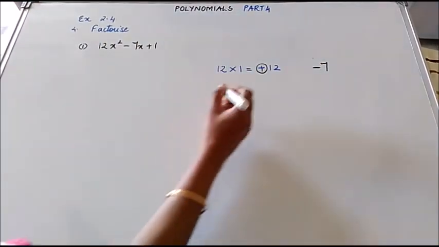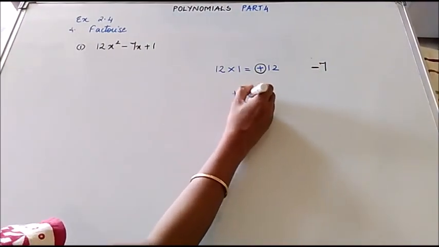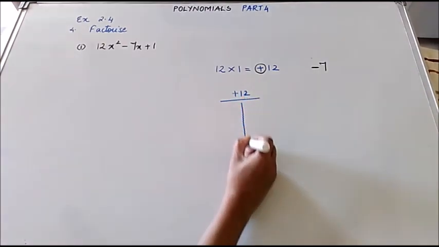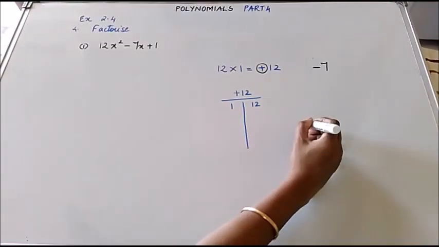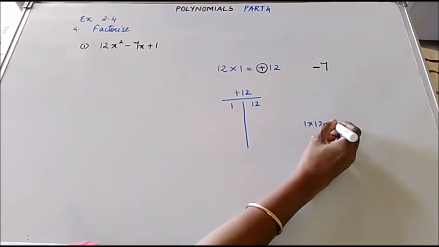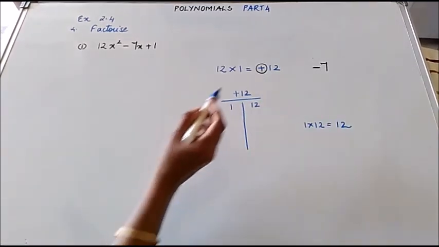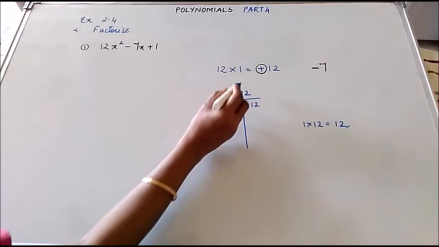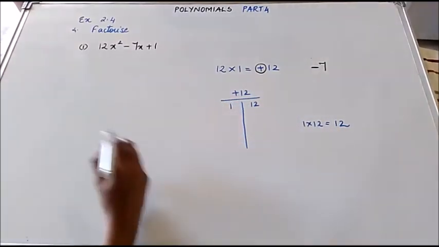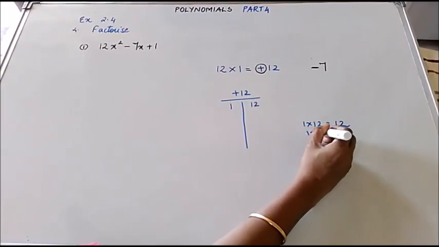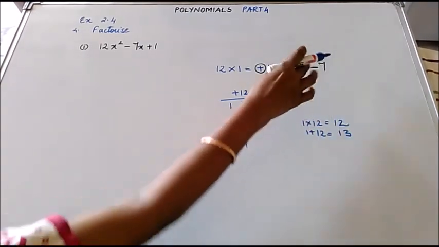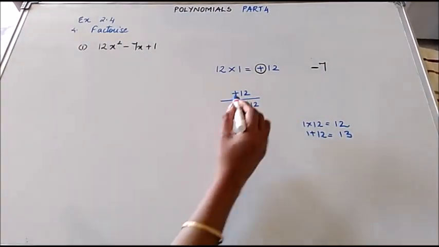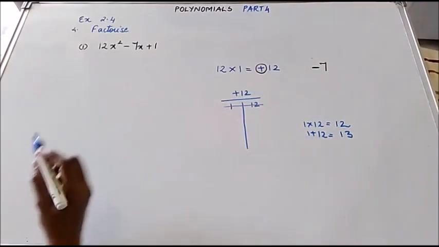So first let us find the factors of 12. Now factors of 12 can be 1 and 12, because 1 into 12 gives me 12. Now should I add or subtract these factors? What is the sign here? Plus. So we should add. 1 plus 12 gives us 13, which is not equal to minus 7. So we cannot take this factor.